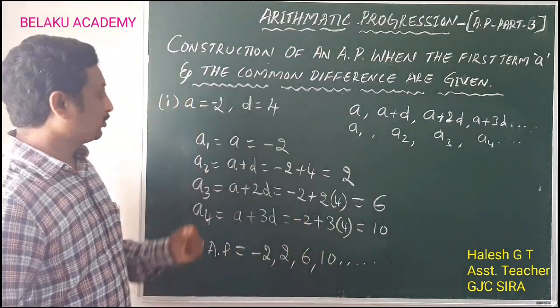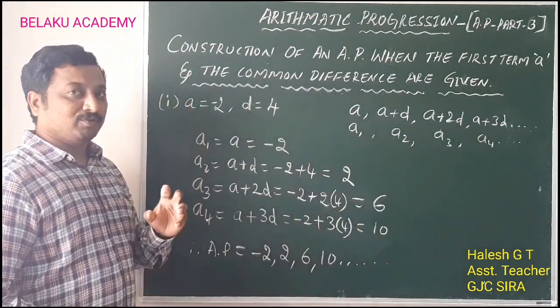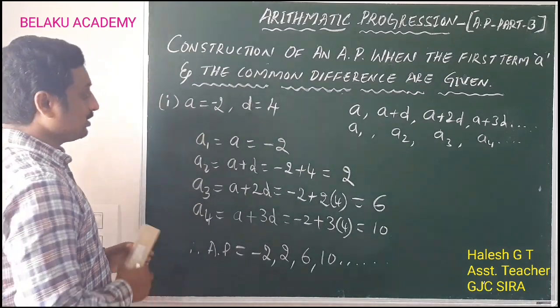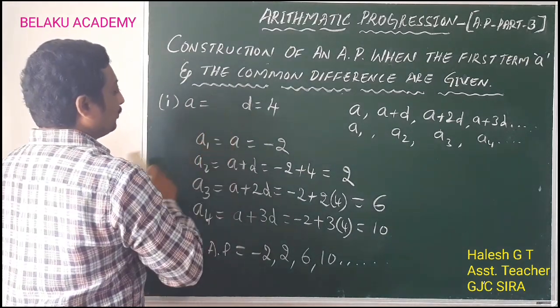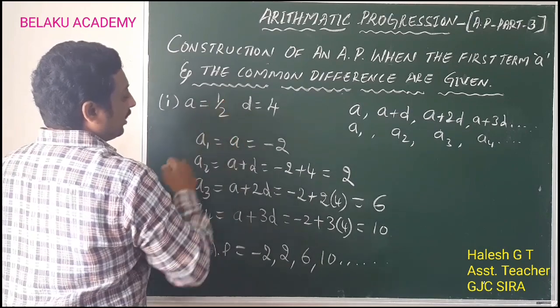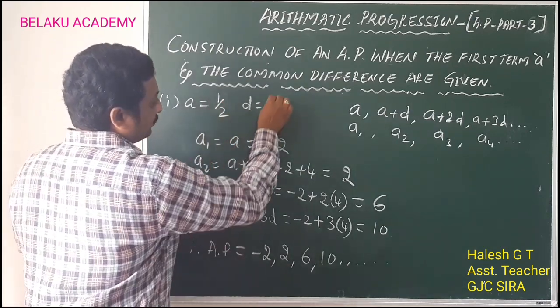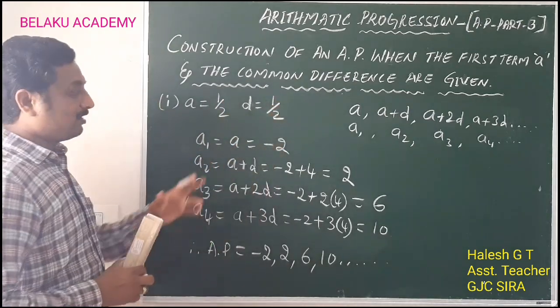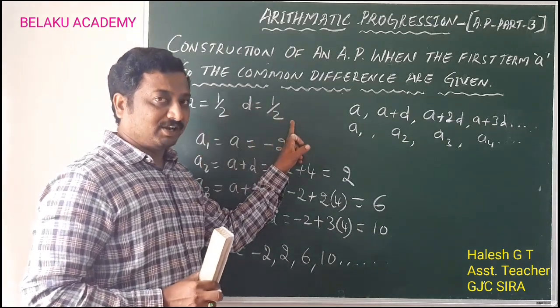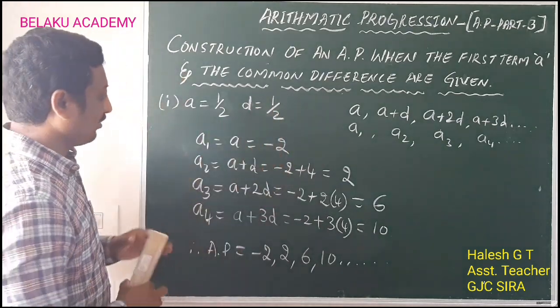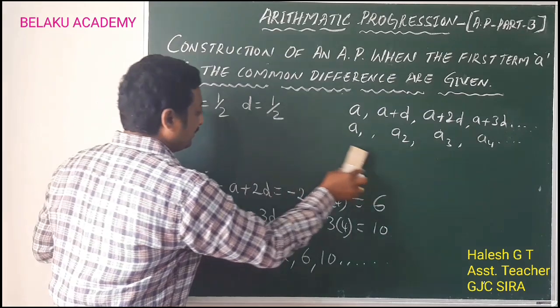Let us move to the third problem with fractional values. So if A is equal to plus half and D is equal to 1 by 2, plus half. So we have fractional values. Now also you can easily find out. Don't panic with the fractions.